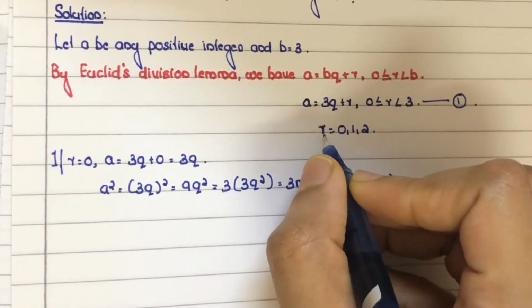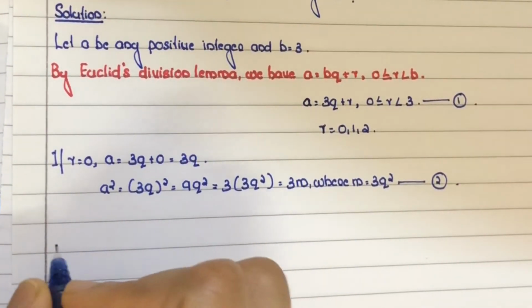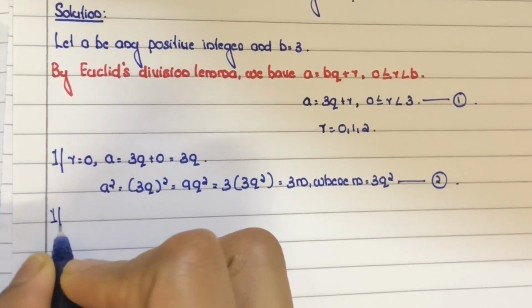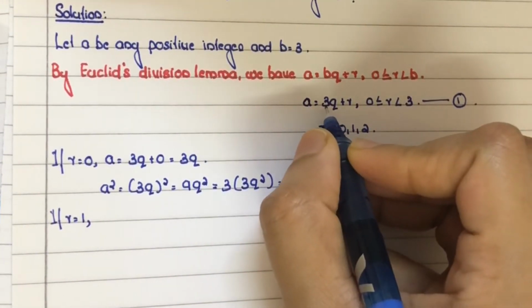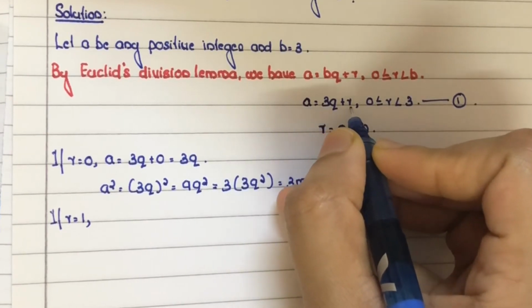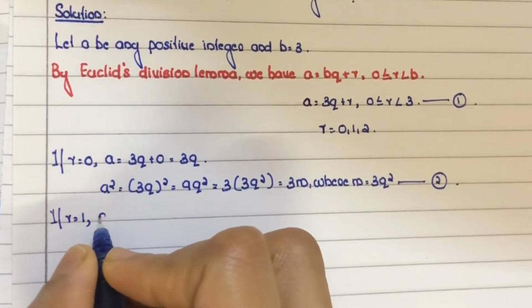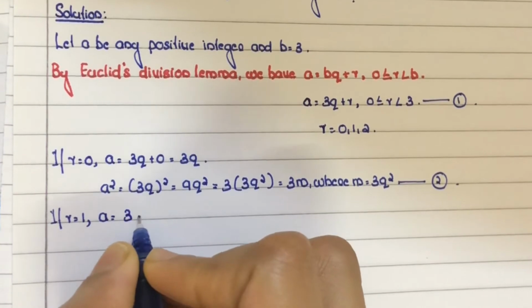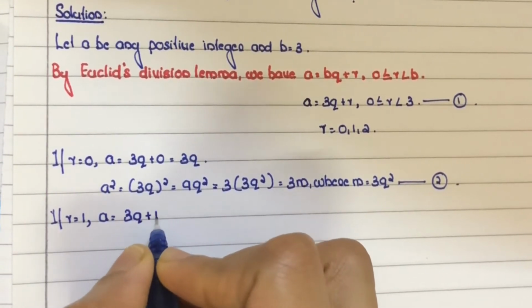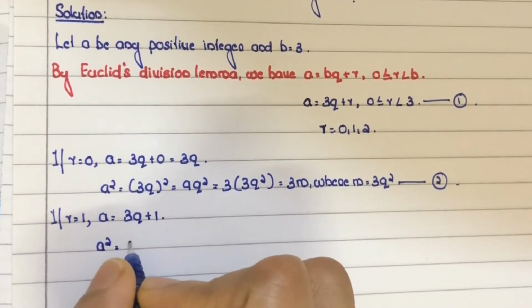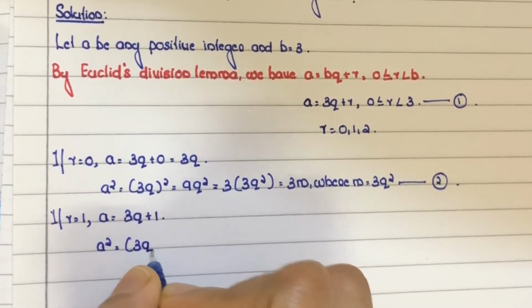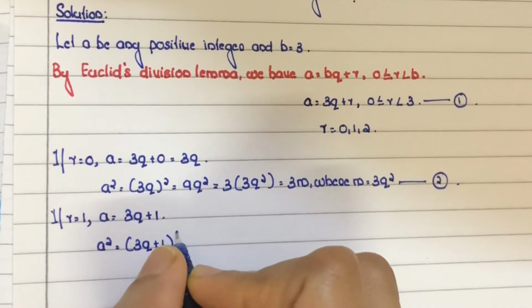Next, substitute r is equal to 1, that is if r equal to 1 in equation number 1, isn't it now? That is 3q plus r is 1. So a is equal to 3q plus 1. Now a square is equal to 3q plus 1 whole square.